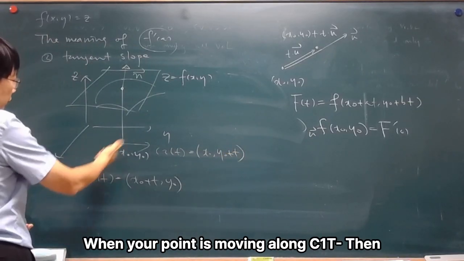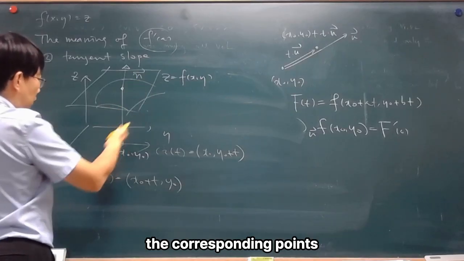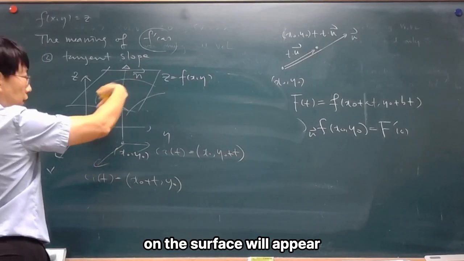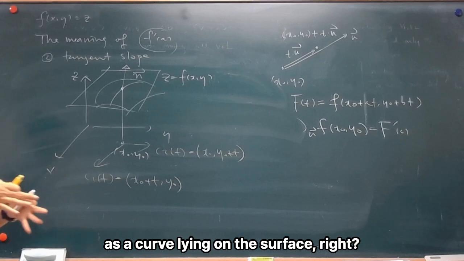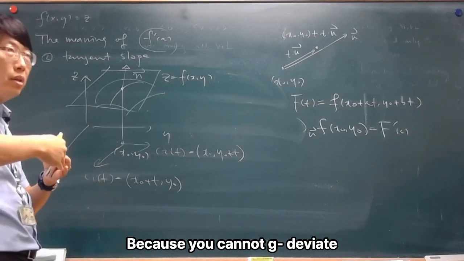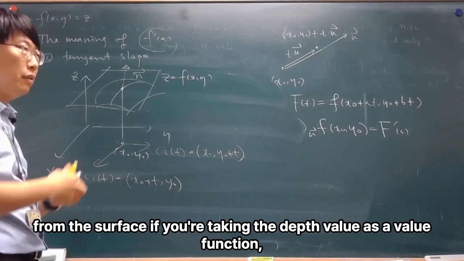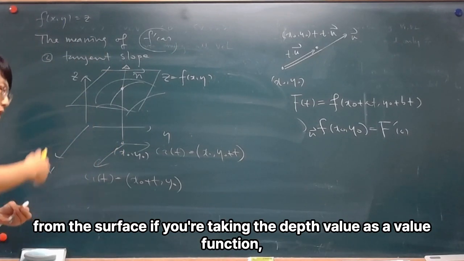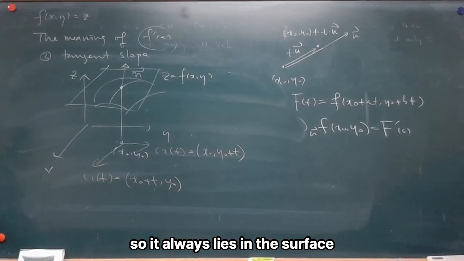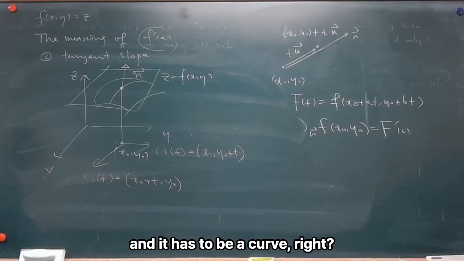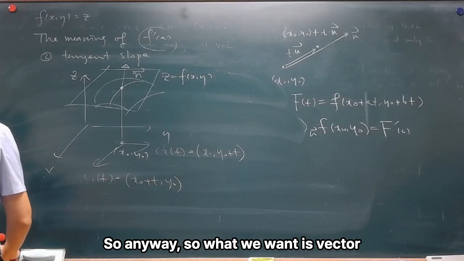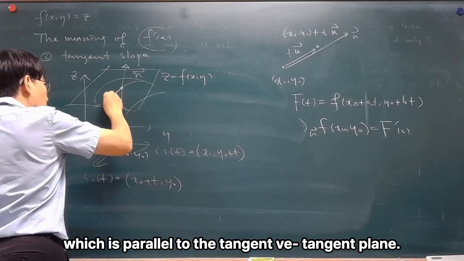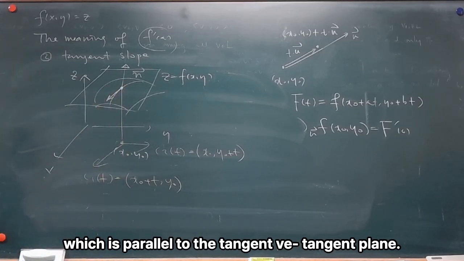Let's do it one by one. When your point is moving along C1(t), the corresponding points on the surface will appear as a curve lying on the surface, right? Because you cannot deviate from the surface if you're taking the z value as the value of the function. So it always lies in the surface, and it has to be a curve, unless the function is linear. What we want is a vector which is parallel to the tangent plane.